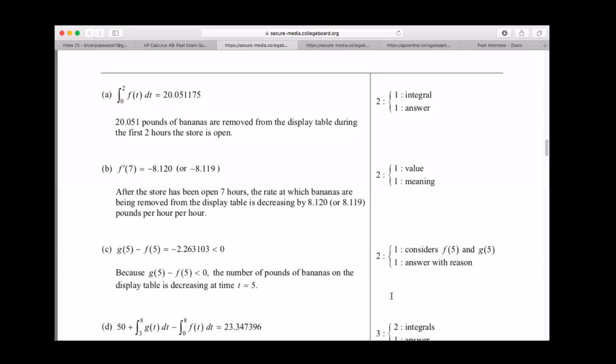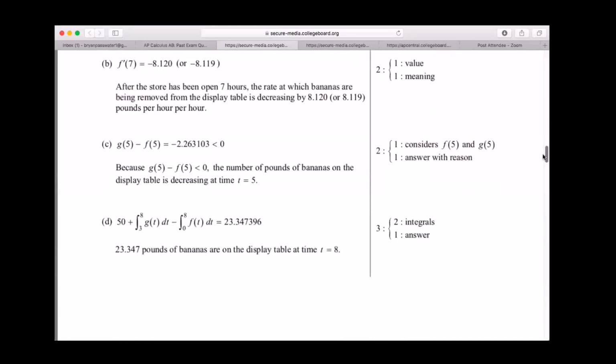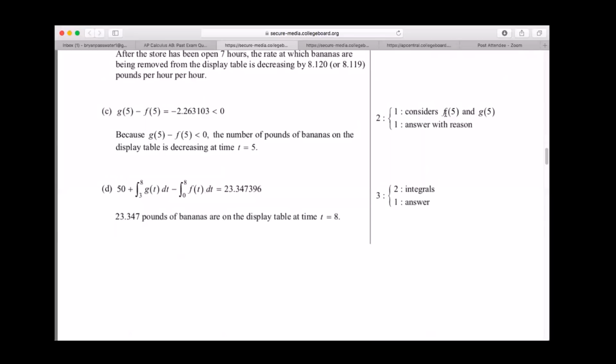We've looked at A and B already, but looking at C and D, in part C, just for knowing to check F of 5 and G of 5, you're going to get a point. What they're trying to avoid is that you're not finding F prime and G prime. Remember, the problem said, is the amount increasing or decreasing? And here's what happens.